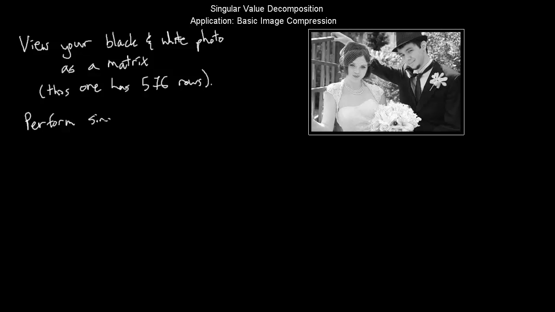So what I'm going to do is import this matrix into my favorite math software and do a singular value decomposition on that matrix. What am I going to get? Well, I'll get another matrix, and I can turn that back into a photo.